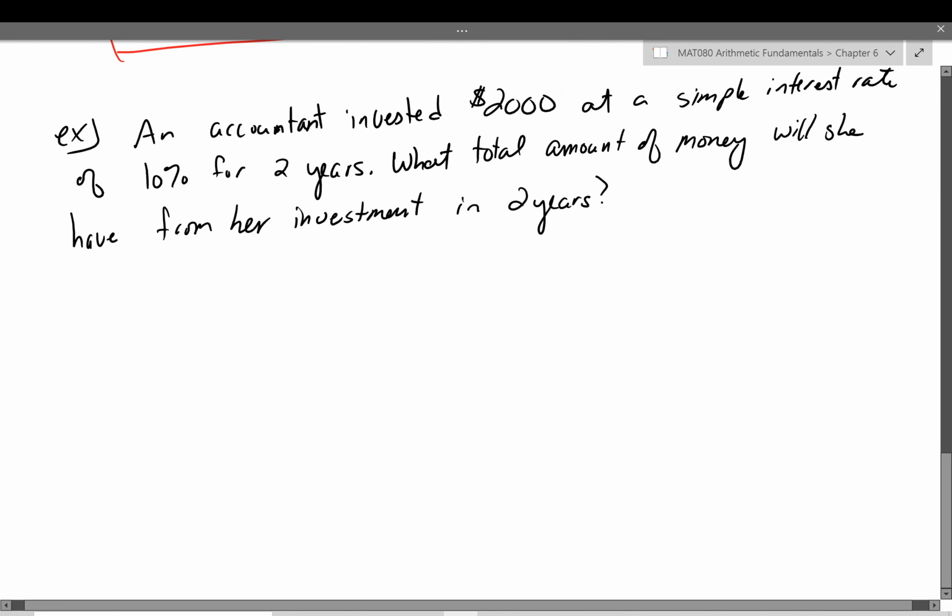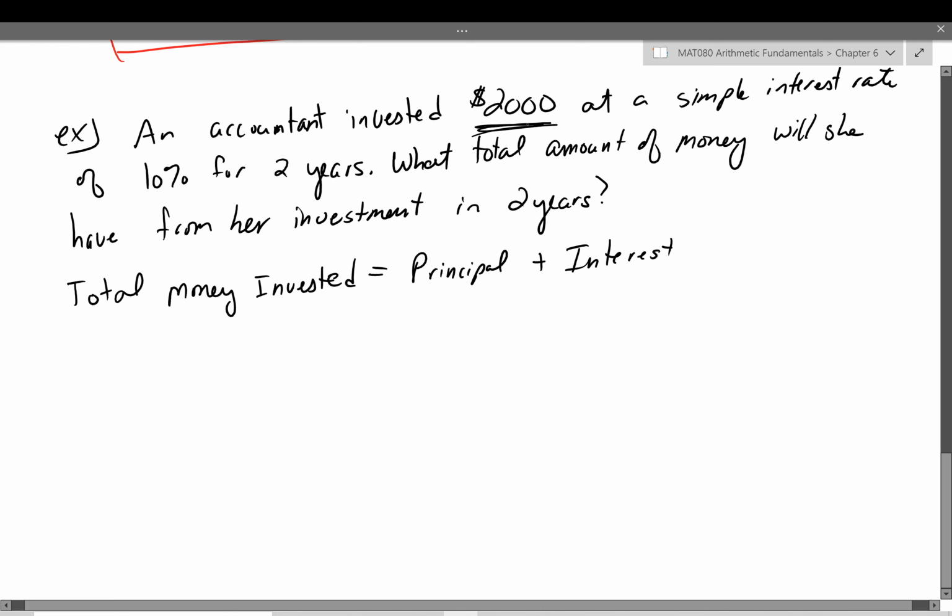So let's break this down. We know they're asking for total money invested, okay? And we know that's going to equal the principal plus the interest. All right? Well, we already know the principal. The principal is $2,000. So in my equation down here, directly underneath the word principal, I can write 2,000 if I wanted to. The question becomes, how much interest is she actually going to earn?